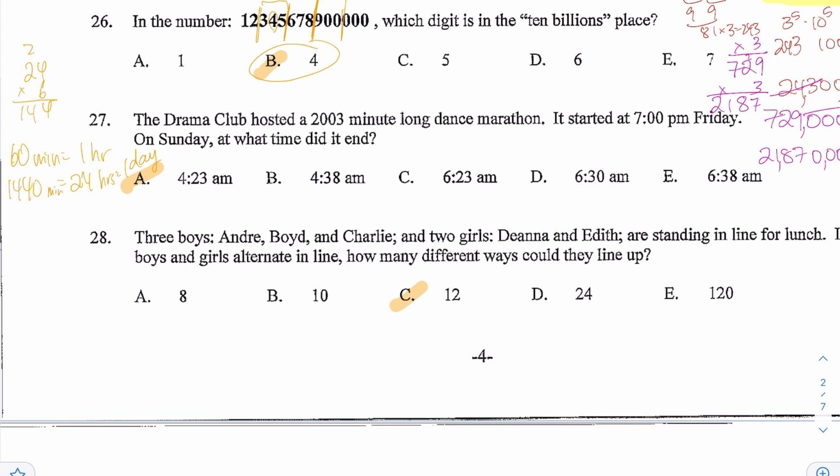So here, if you take 2003 minus 1440, now I had to borrow 3 times. You have 563 minutes left over. So after a full day, it'll be 7 p.m. on Saturday. So now you want to figure out how many 60s are in 563.